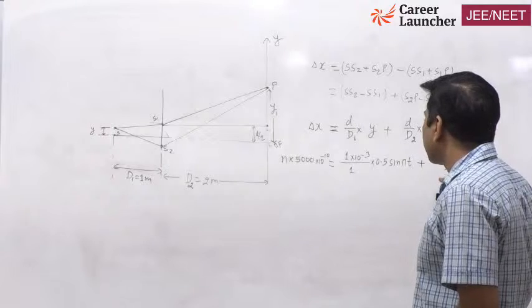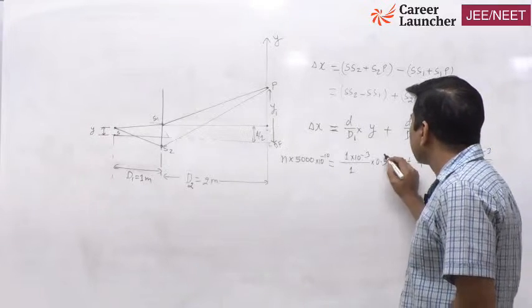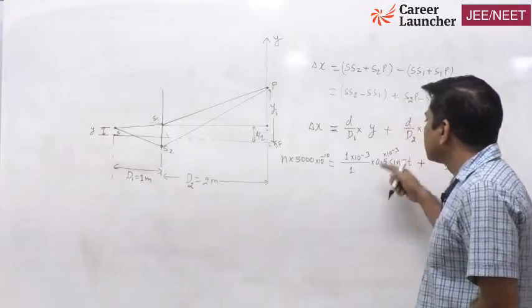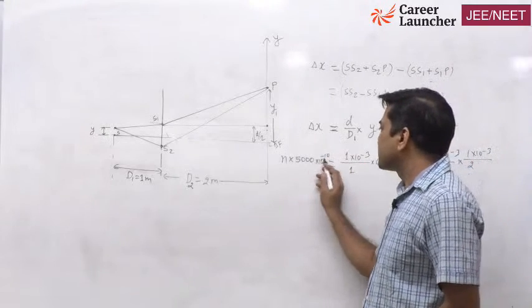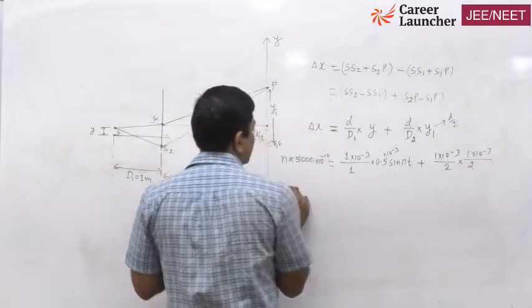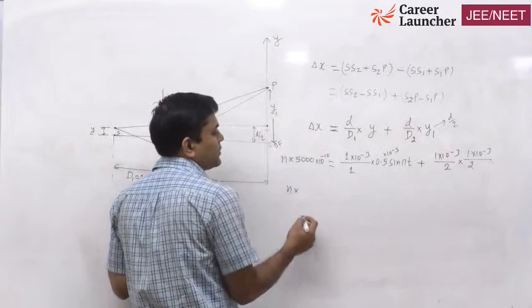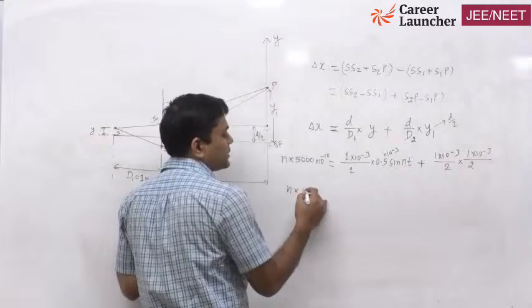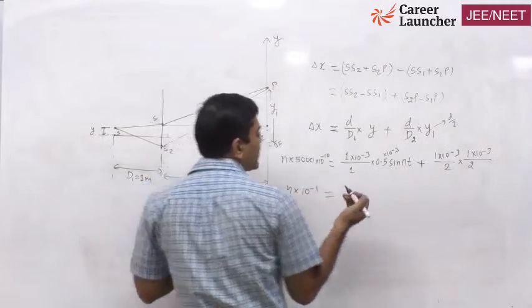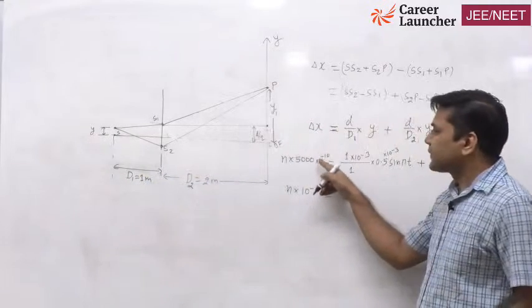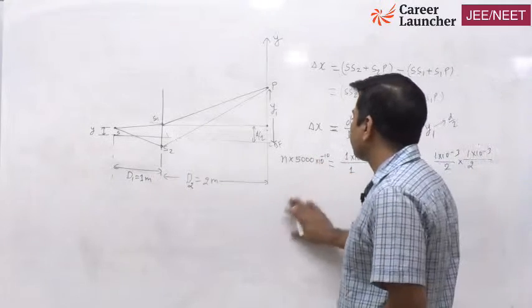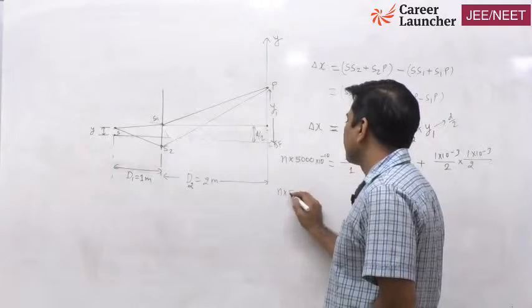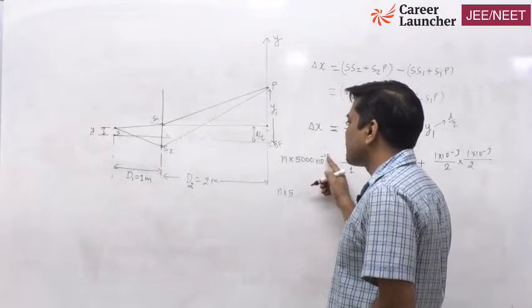Minus 3, 10 raised to power minus 6. Oh, this also I need to change. 0.5 into 10 raised to power minus 3, 10 raised to power minus 6. So this becomes 10 raised to power 7. So n into 10 raised to power minus 1. So 10 raised to power minus 6 here will cancel. I'm just going to write n into 10 raised to power minus 10, 10 raised to power minus 4.